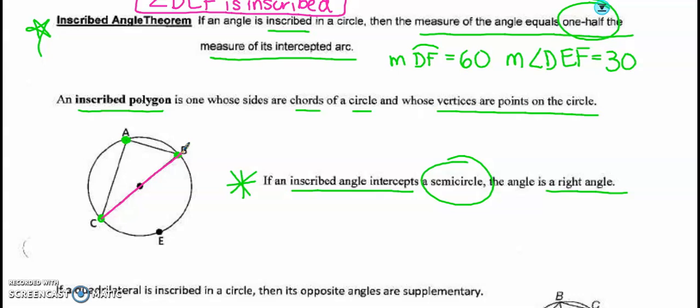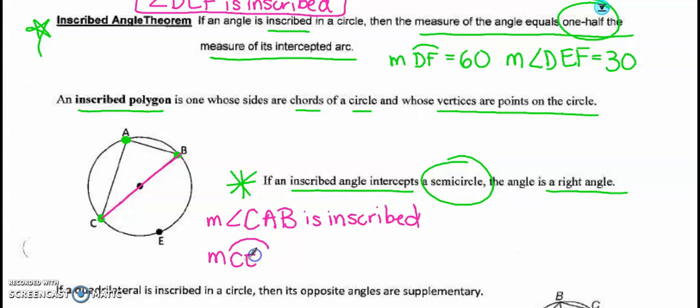Angle CAB is inscribed. The measure of arc CEB is 180, and you all know that because it's a semicircle.